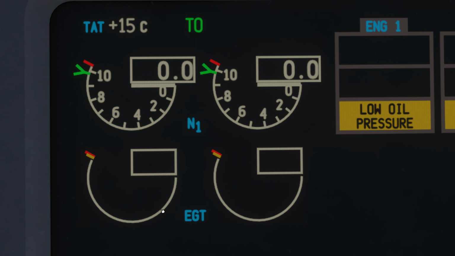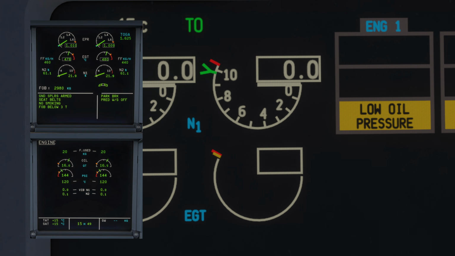Now, airplane manufacturers thought, well, how can we solve this? And they came up with a good idea, and that is the so-called engine pressure ratio, which we can see on the example of the Airbus A320's V2500 engine over here. Engine pressure ratio takes two pressures, the pressure at the engine outlet versus the pressure at the engine inlet.